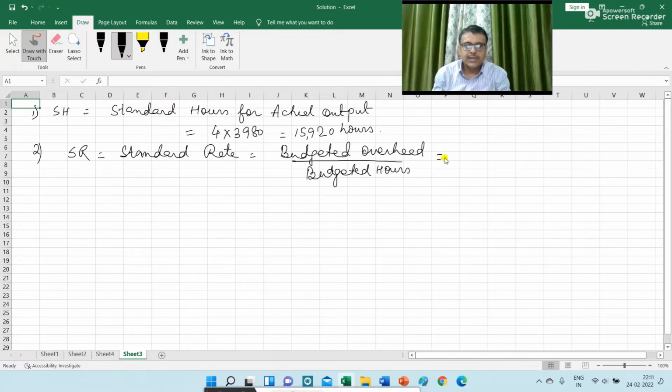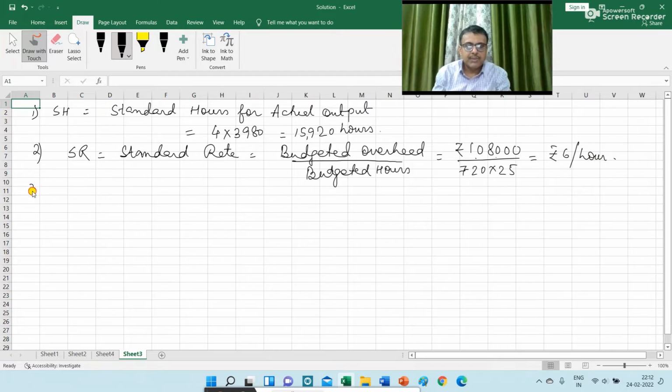Budgeted overhead is given as rupees 1,08,000 and the budgeted hour is 720 into 25. 720 is the budgeted hours per day, and 25 is the budgeted number of working days in the month. So this is equal to rupees 6 per hour.